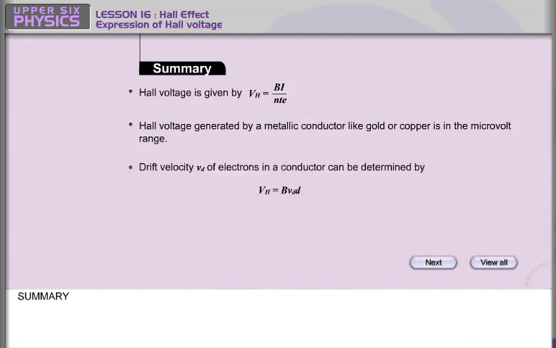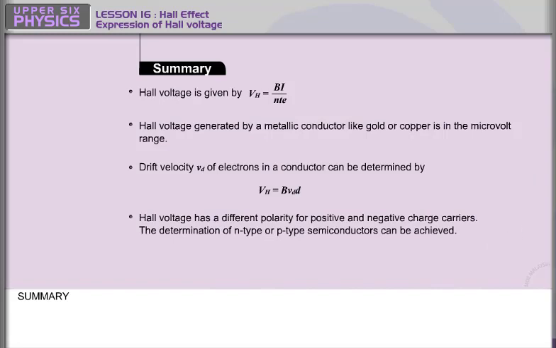Drift velocity v_d of electrons in a conductor can be determined by V_H equals B v_d d. Hall voltage has a different polarity for positive and negative charge carriers. The determination of N-type or P-type semiconductors can be achieved.